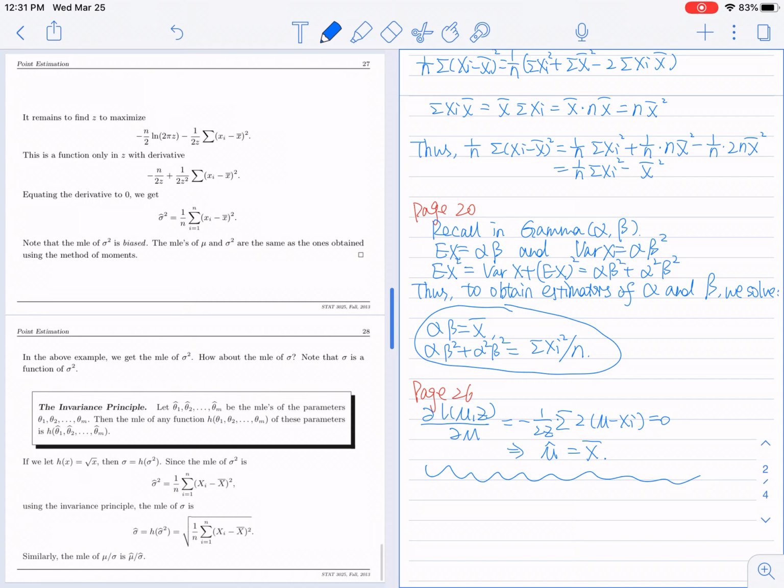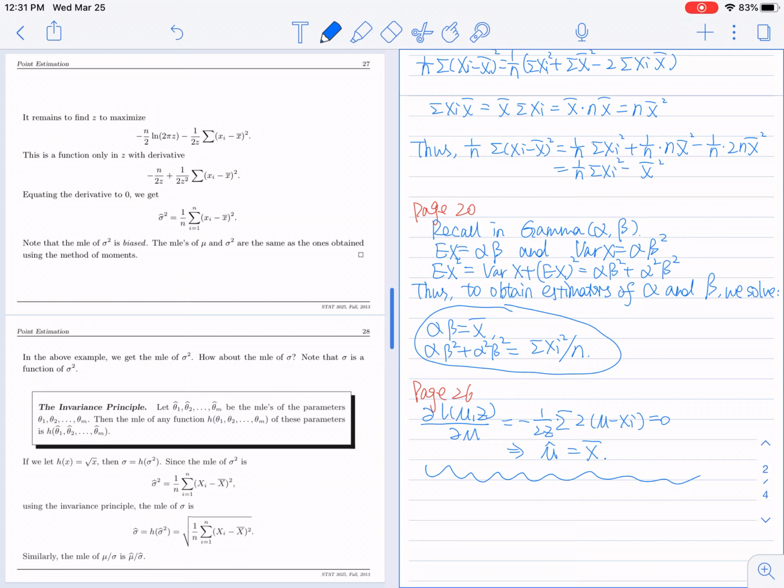Now the last slide, okay. One of the very important properties of MLE, the maximum likelihood estimator, is the invariance principle. That is to say, if we get an MLE of sigma square, then what is the MLE of sigma?